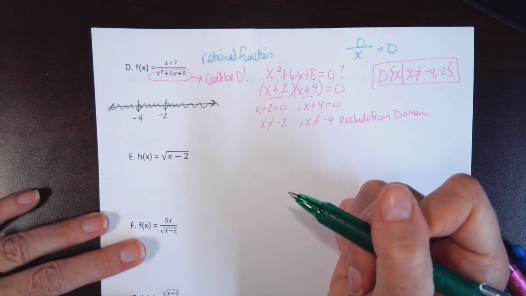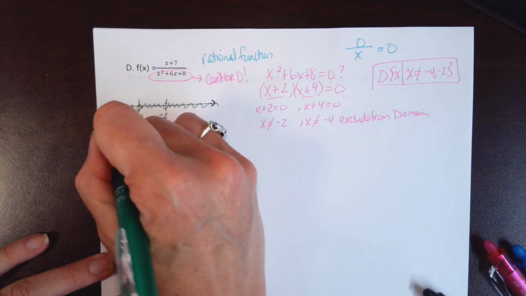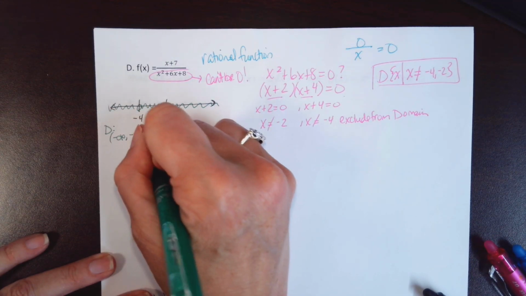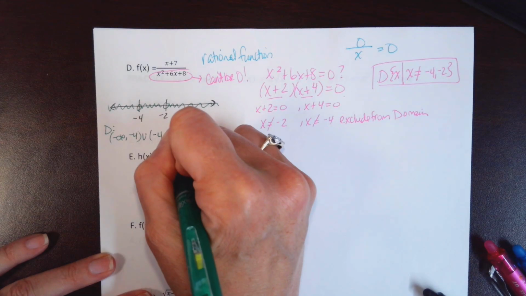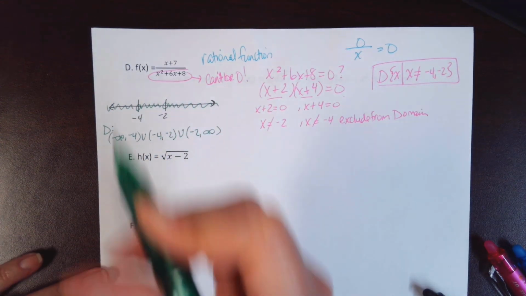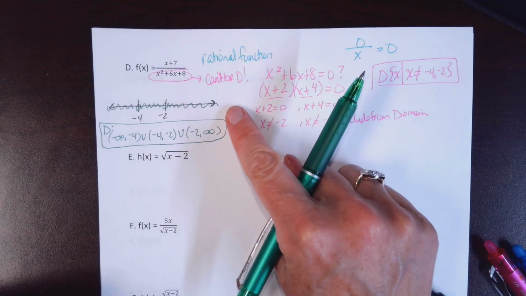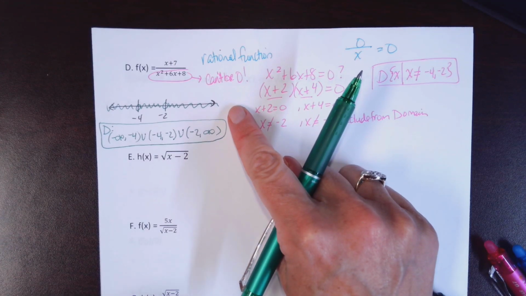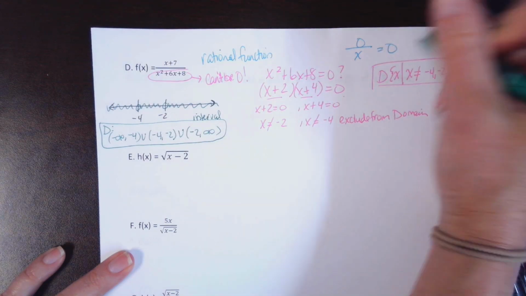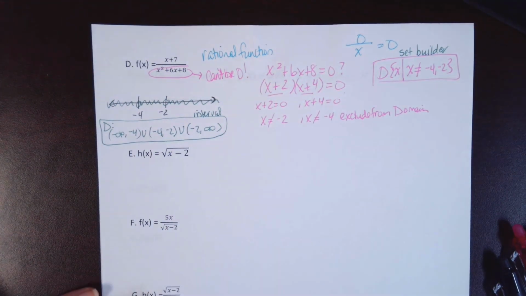So if you need to do interval notation, your intervals for your domain are from -∞ to -4, or -4 to -2, or -2 to +∞. That's how you write your domain in interval notation. Sketching a quick number line really helps, so consider that. This is my interval notation. This is my set builder notation. Two different ways to write the domain.